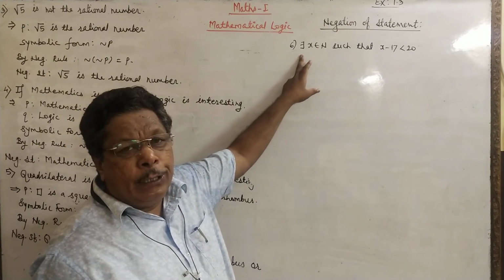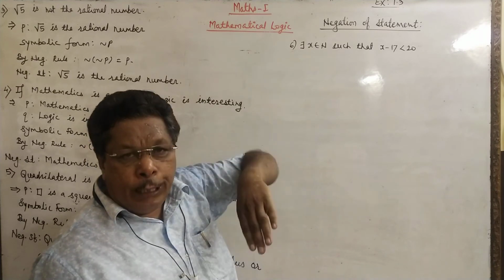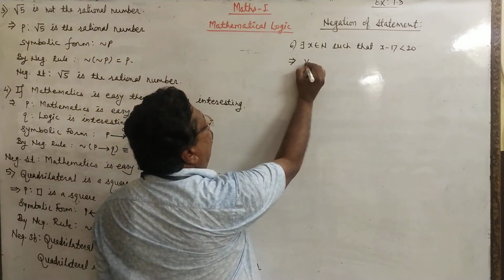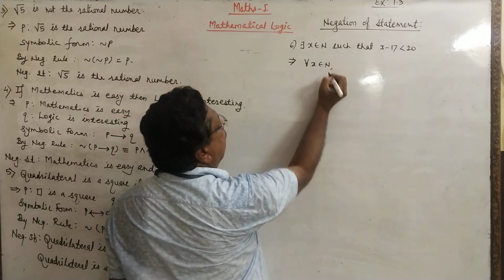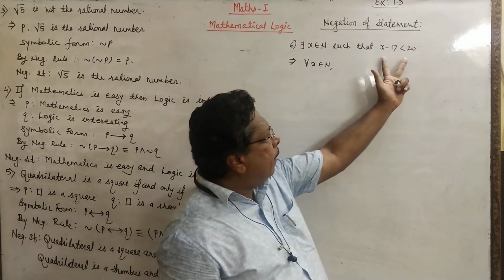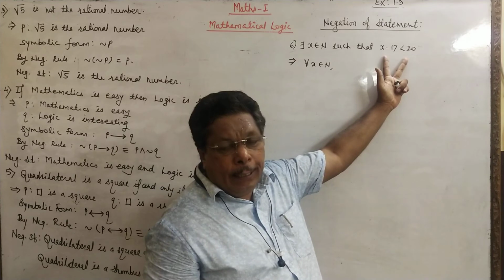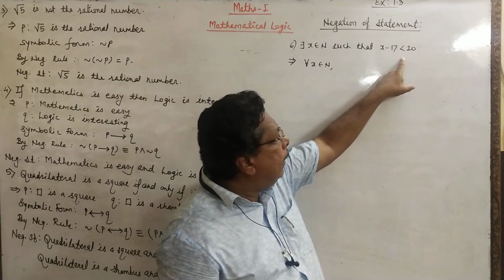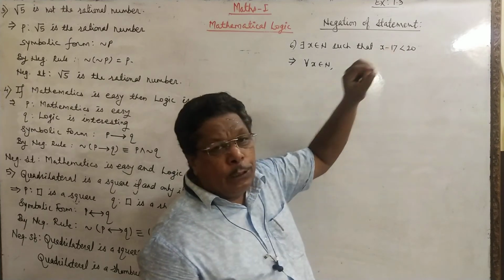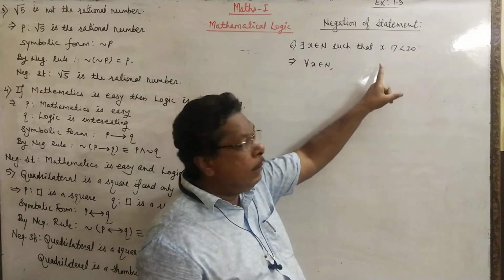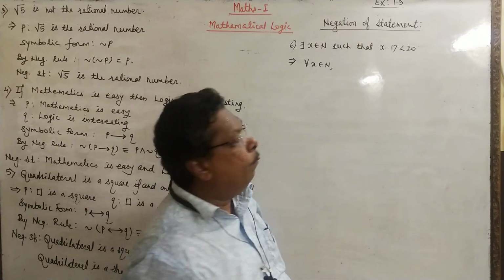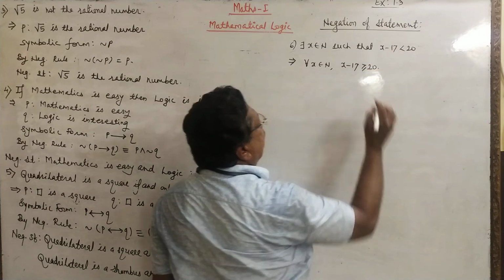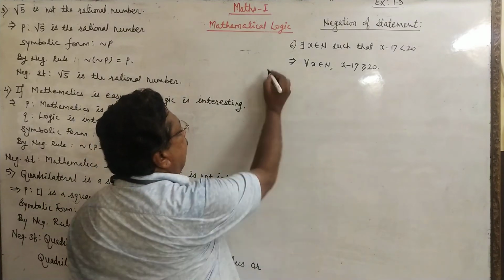At the time of negation, the existential quantifier changes into the universal quantifier. So this becomes: for all x belongs to N. Now the next statement is x minus 17 less than 20. Its negation is x minus 17 is not less than 20, which means x minus 17 is greater than or equal to 20. This is the negation statement of this one.